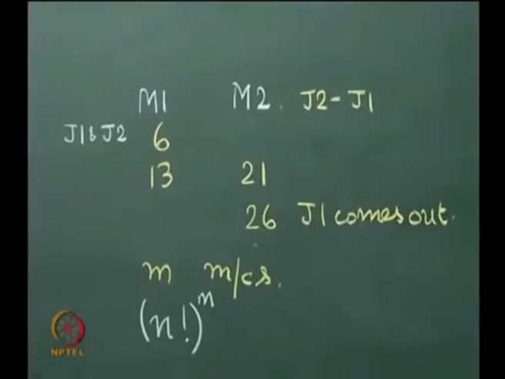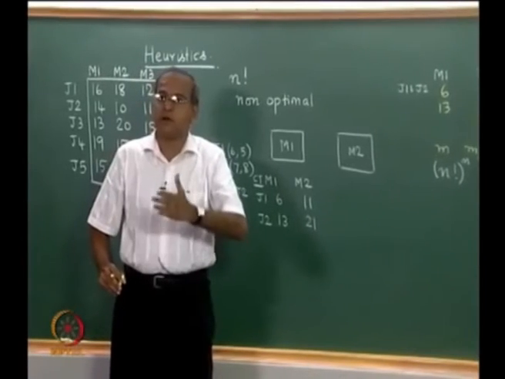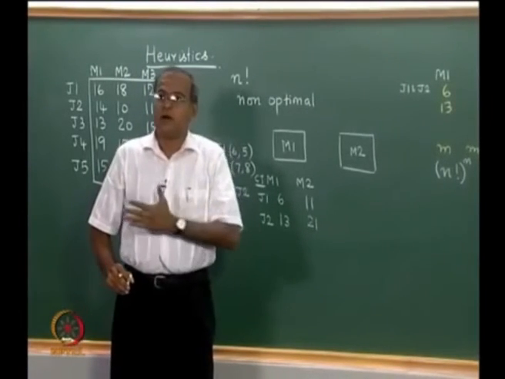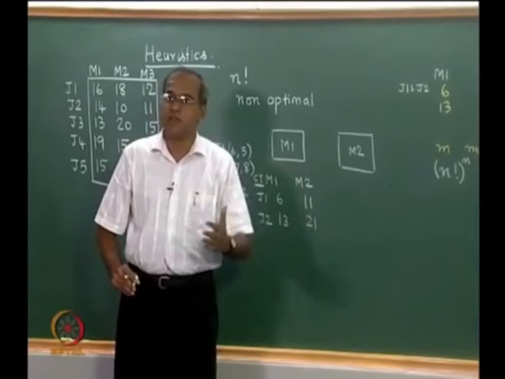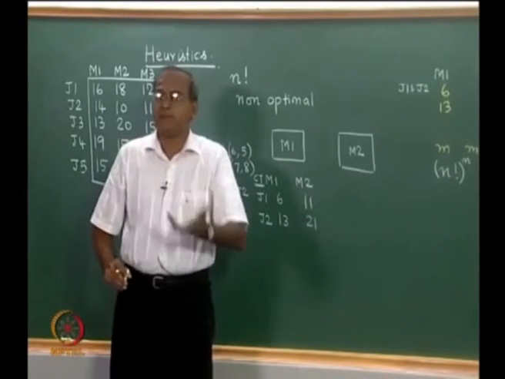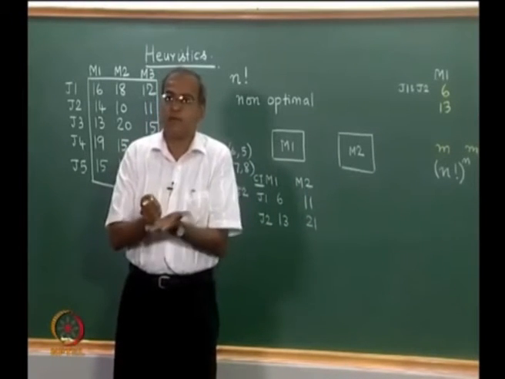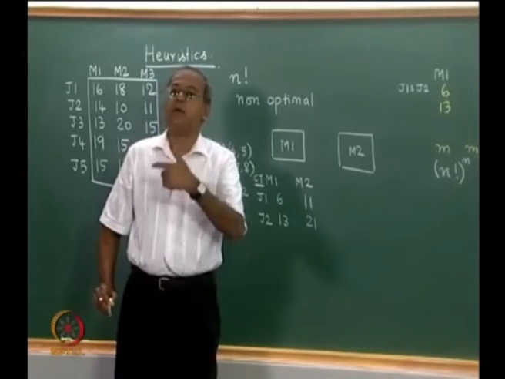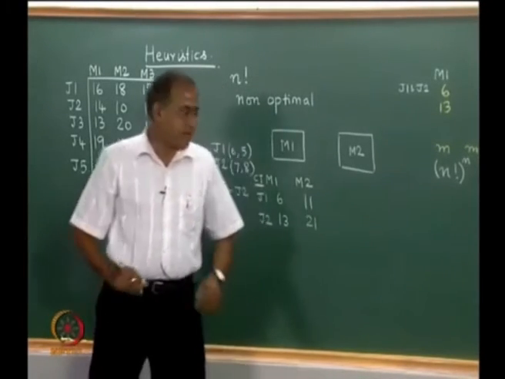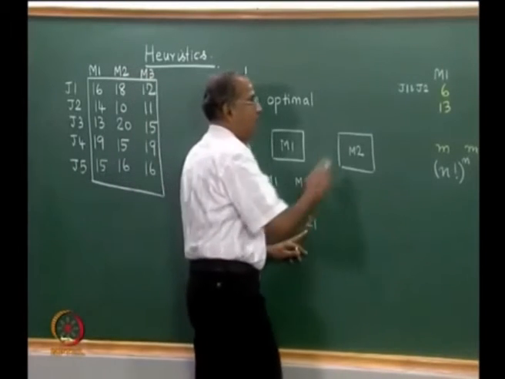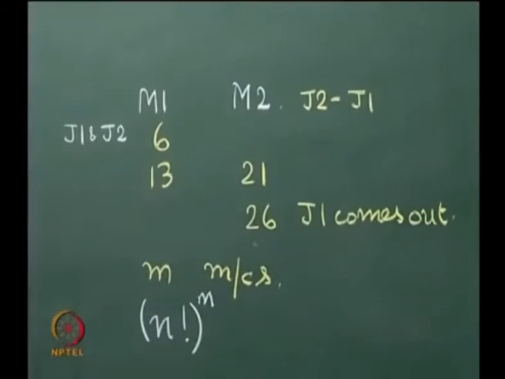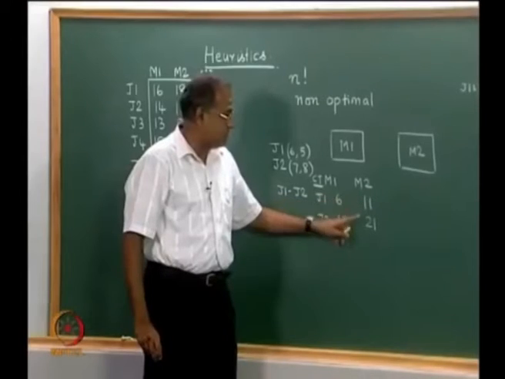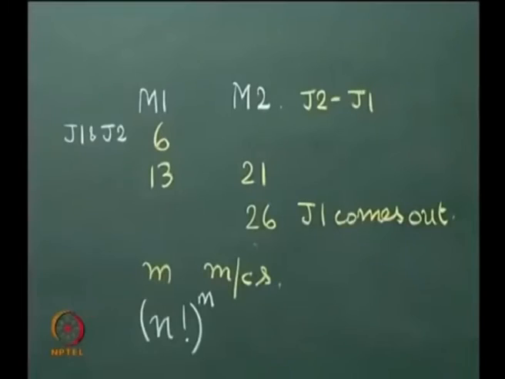If we retain the same sequence for all the machines, on many occasions we would get a better value of the performance measure, such as makespan or completion time and so on. For example, the makespan is 21, the makespan is 26. Sum of completion times is 33, sum of completion times is 47.